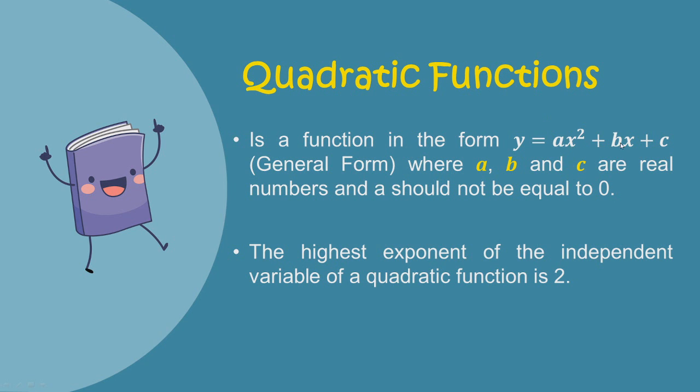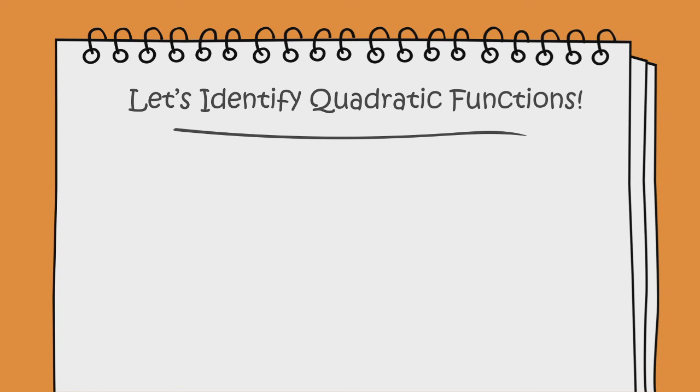And for every different value of x, meron din siyang unique or nag-iisang corresponding value ng y, kaya siya tinawag na function. Kagaya rin ng quadratic equation class, the highest exponent of the independent variable or ng x of a quadratic function is 2. So knowing this about quadratic functions, let's try to identify quadratic functions.